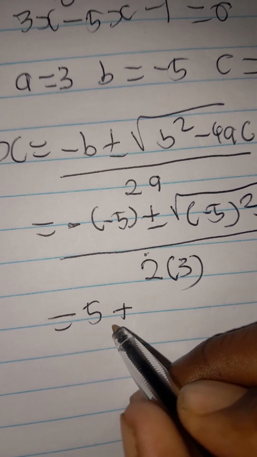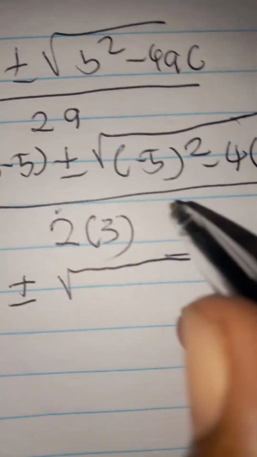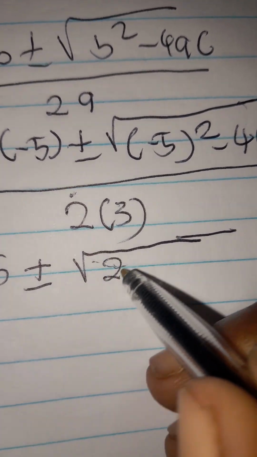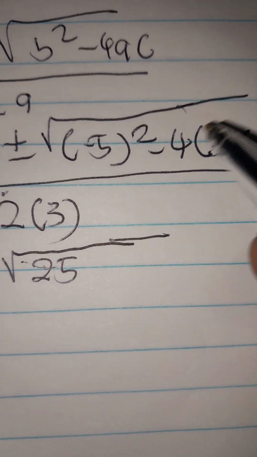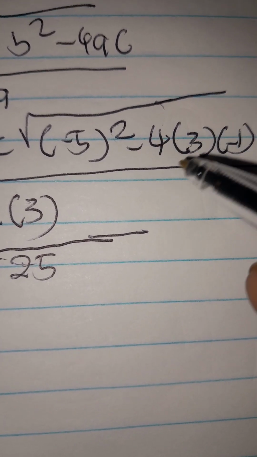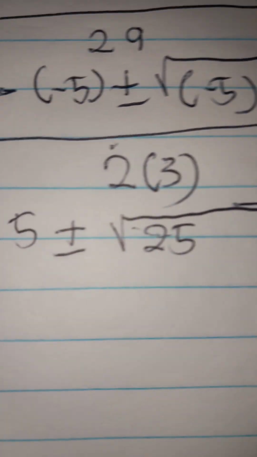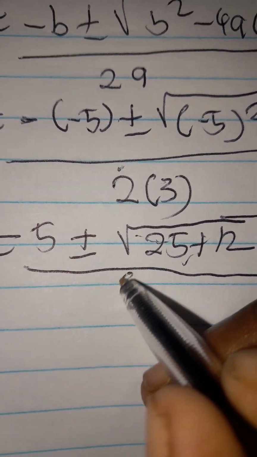So it's going to be 5 plus or minus root. When we square -5, it will be positive 25. Then -4 times 3 is -12, and -12 times -1 is positive 12, divided by 6.